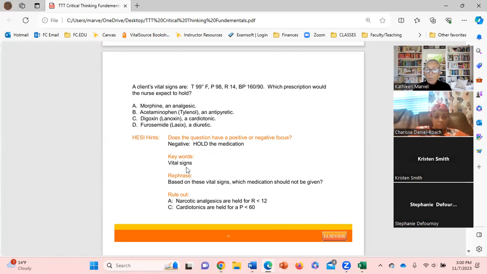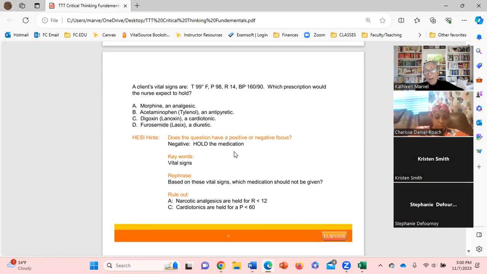And if you can rephrase it: they give you the vital signs and ask what you would be expected to hold. In your own mind, rephrase it: based on these vital signs, which medication should not be given? And then what can you rule out right off the bat?